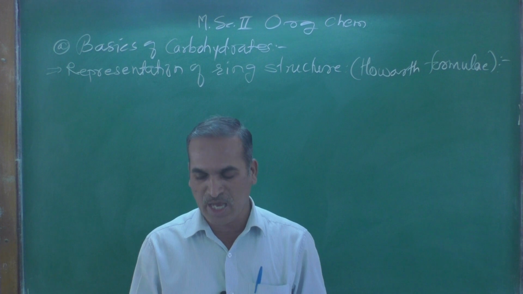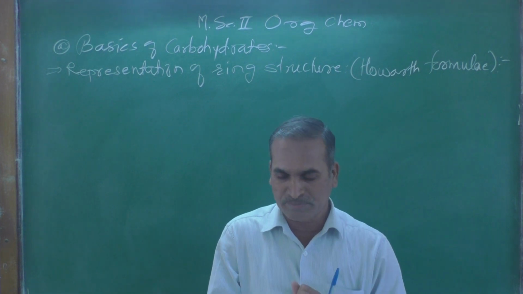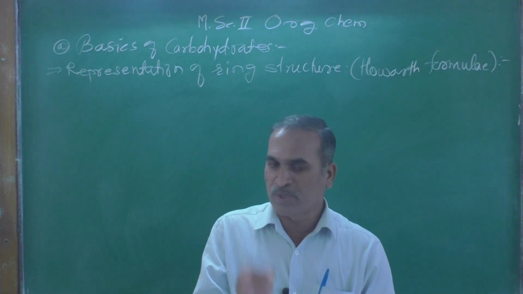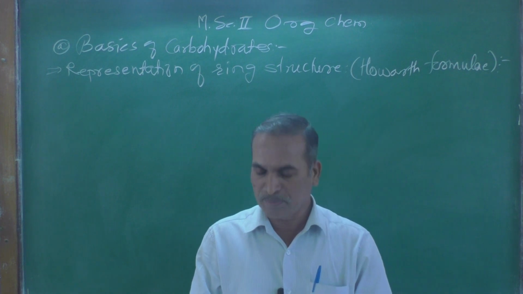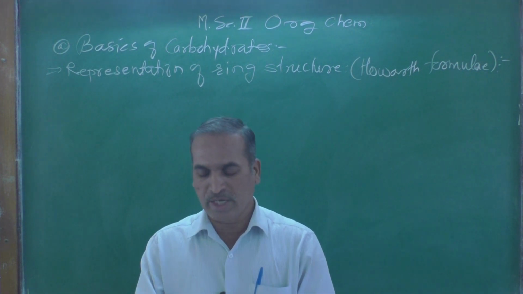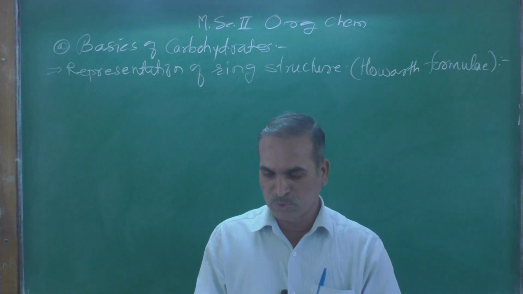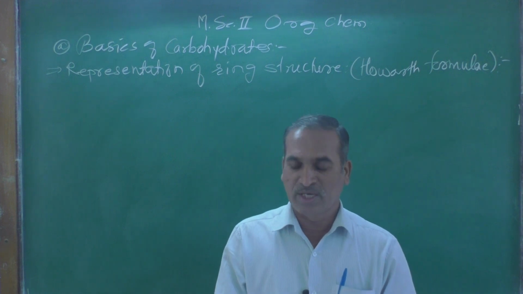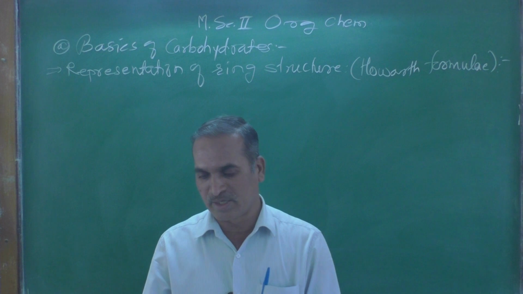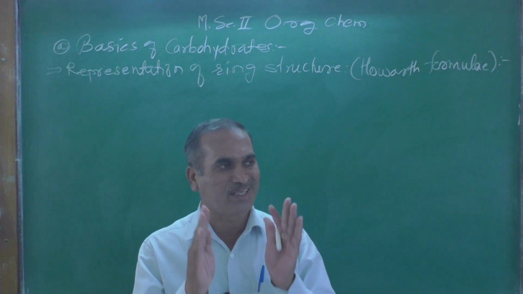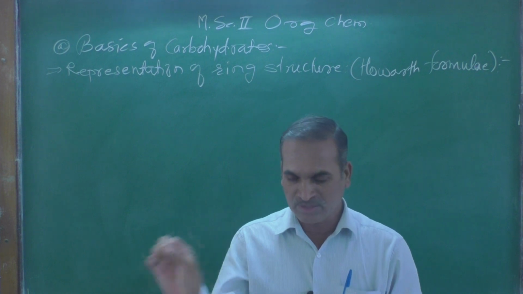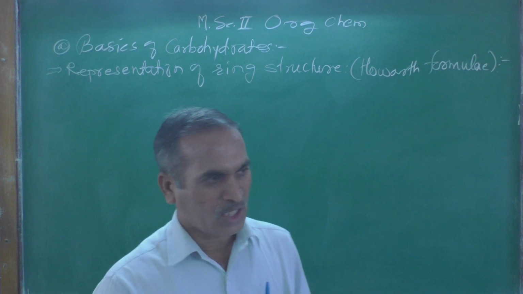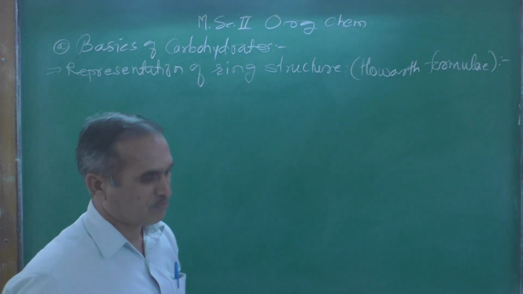The side of the hexagon that is closer to the observer, the observer being the person looking at that molecule, is shown by a thicker line, a thick line.